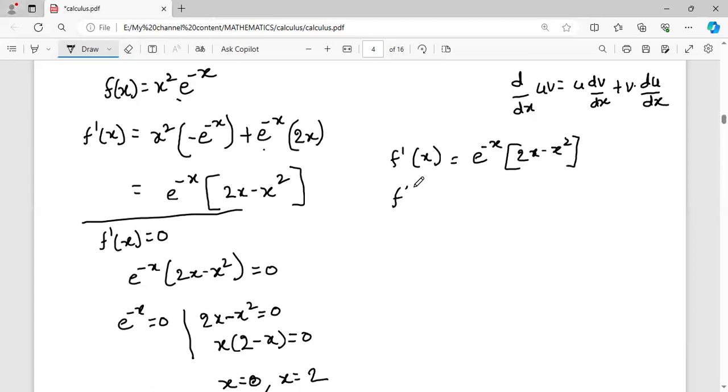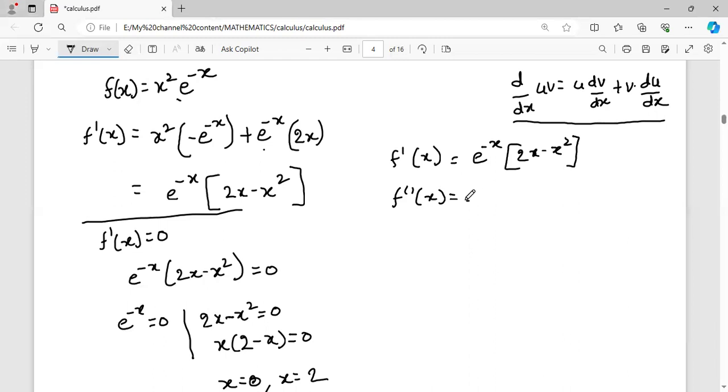So you have to know f double dash of x to find out the maximum and minimum value. So first we have to do the differentiation. Again apply the same thing: d by dx of uv means u into dv by dx plus v into du by dx.